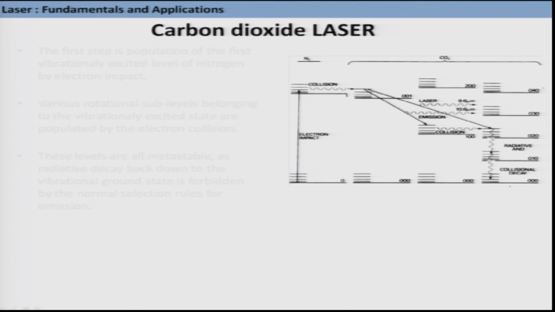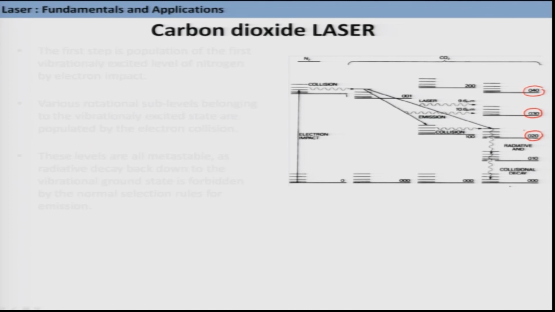Now here again you see different types of nomenclature for the states. These are particularly used for rovibrational levels, and unfortunately we will not be able to discuss this particular type of nomenclature, how these term symbols are formed.